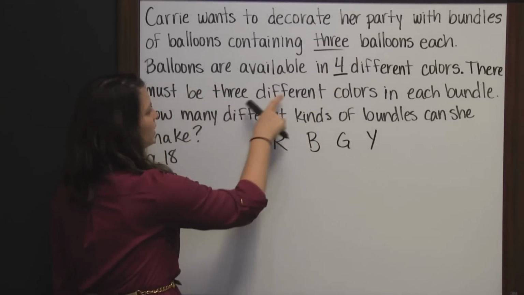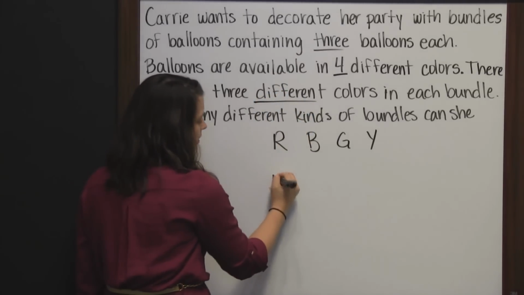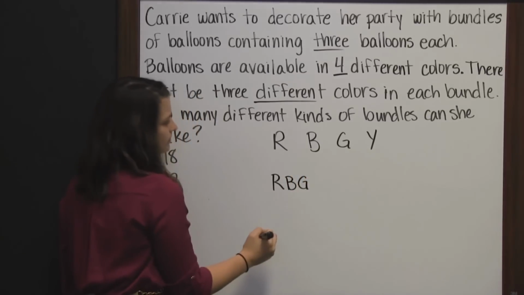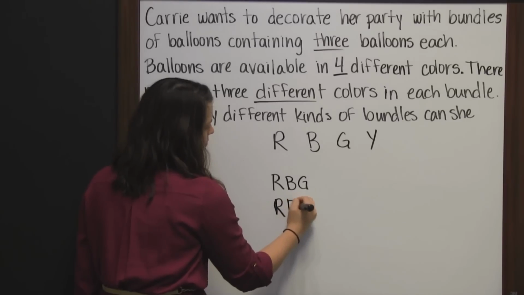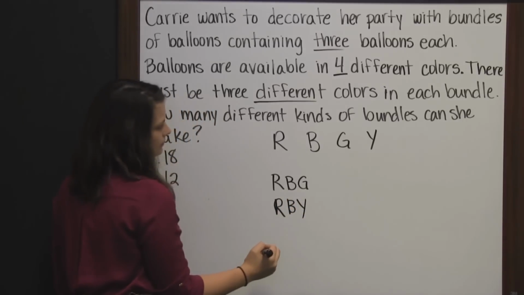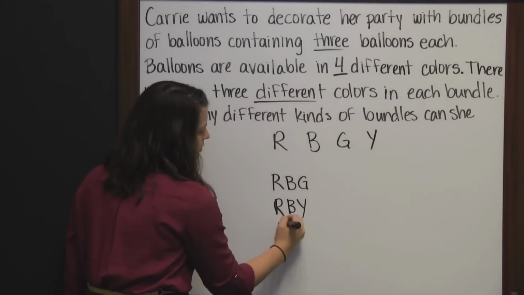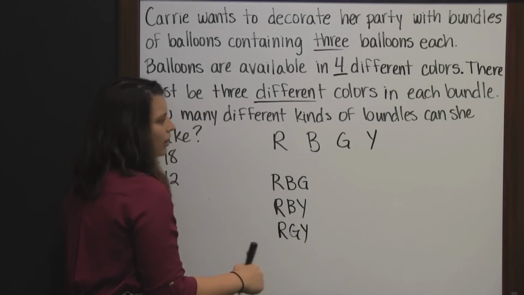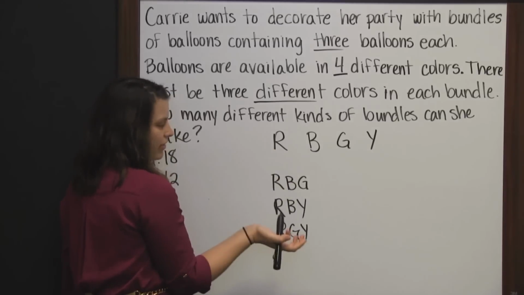And they must be 3 different colors. So we could make a bundle that is red, blue, and green all together. We could also do a bundle that is red, blue, and yellow. And then we could do a bundle that is red, green, and yellow. And those are all the bundles of balloons that we can do with red in them.